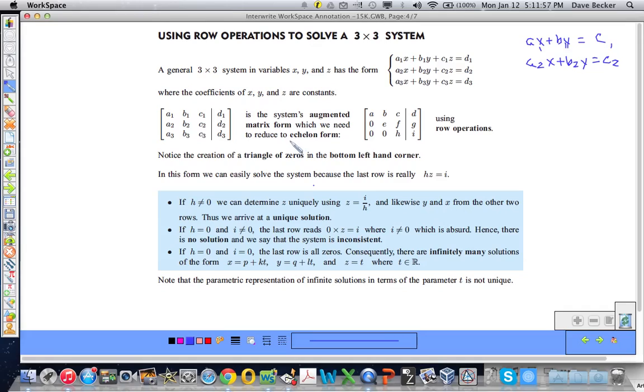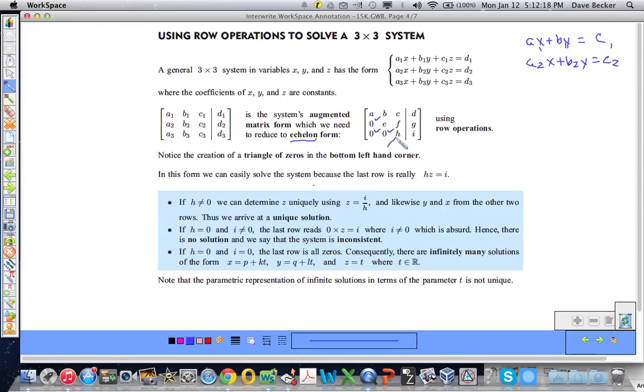And the goal is to get it in echelon form. An echelon form is where you want to have a 0 here, a 0 here, and a 0 here. There are certainly other ways you can go to solve these, but this is a nice way to do it every time to figure things out.